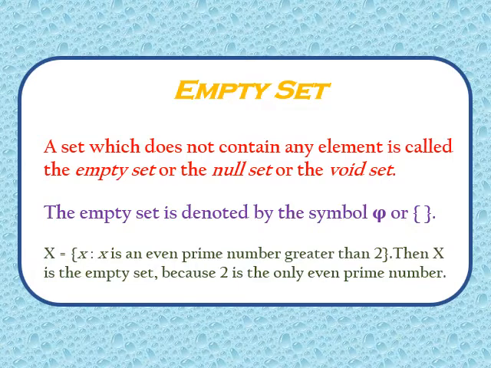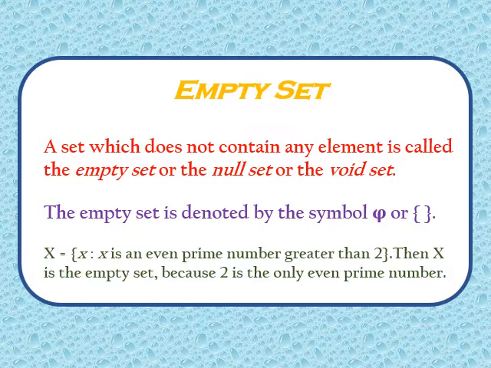Now an empty set, null set or void set is denoted by phi or empty braces. In the braces we don't write any element, so phi is equal to empty braces. Let me give an example. x is such that x is an even prime number greater than 2.